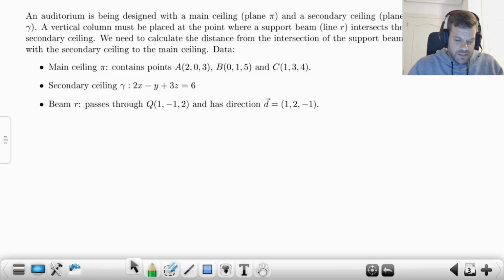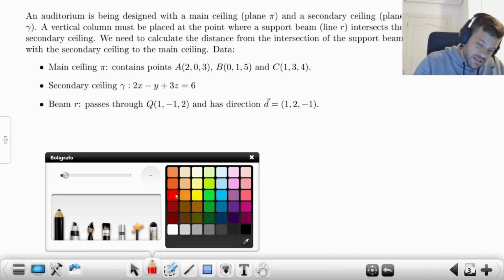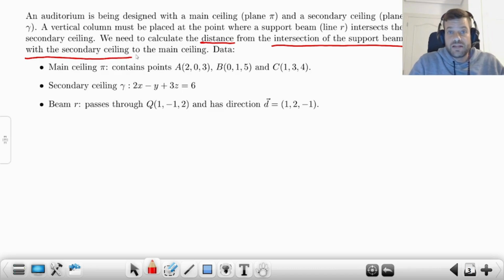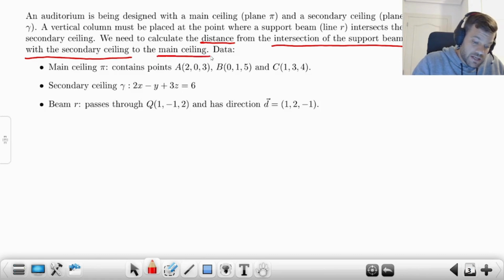And then there is a support beam, a line that intersects plane gamma, the secondary ceiling, and we must find the distance from point P, the intersection of the support beam with the secondary ceiling. Remember that the intersection of a plane with a line is a point, therefore the distance from that intersection point with respect to the main ceiling.